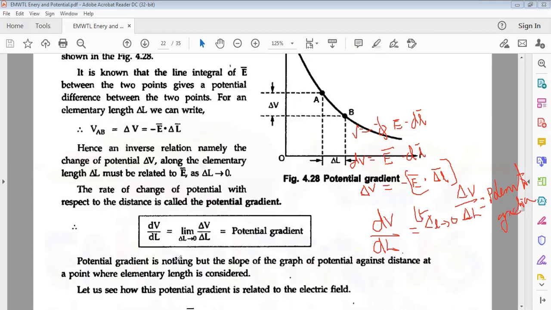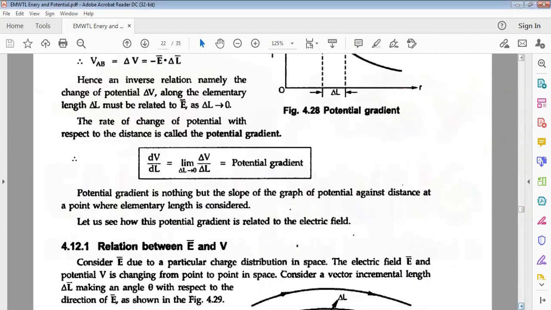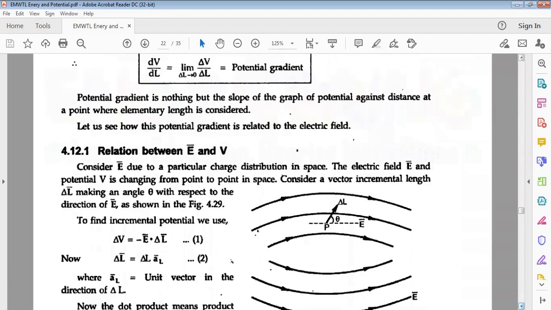Potential gradient is nothing but the slope of a graph of potential against distance at a point where the elementary length is considered. The potential decreases as the distance increases. So dV by dl, or limit delta L tends to 0 of delta V by delta L, is equal to the potential gradient.